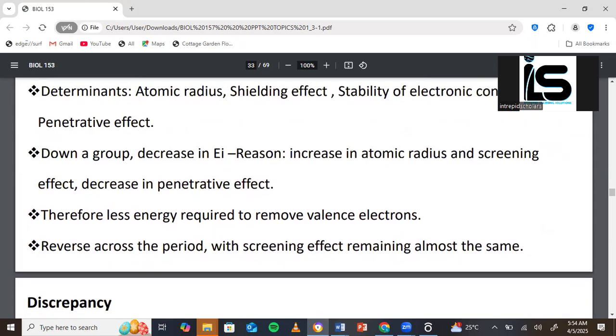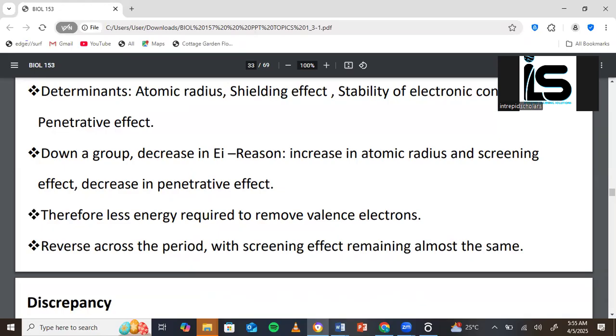We are saying that down a group, there is a decrease in ionization energy. The reason is the increase in atomic size and screening effects, decreasing penetrative power, so the ability for you to remove an electron. Now, when you have a bigger size down the group, the electrons in the outermost shell are less tightly pulled by the nucleus, so it is easier to remove.